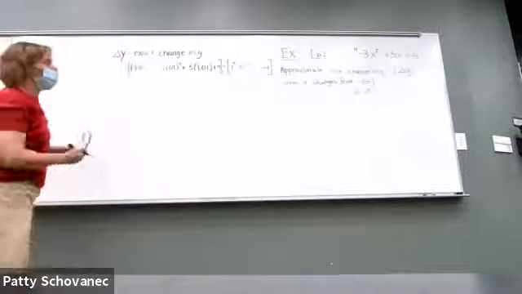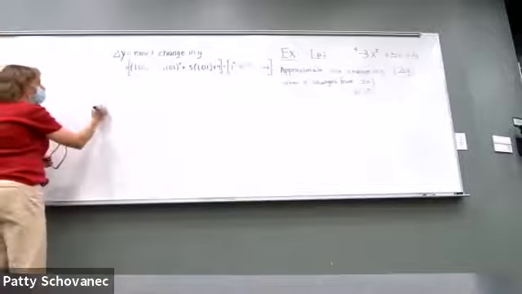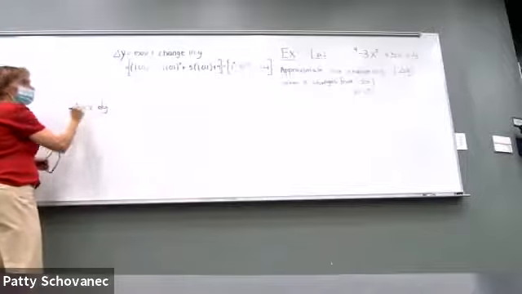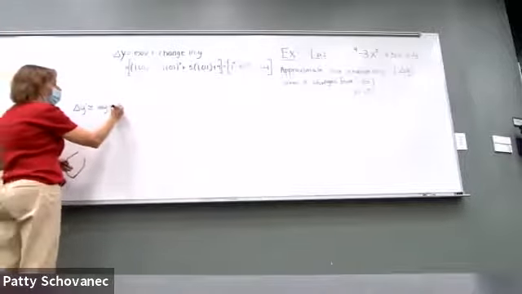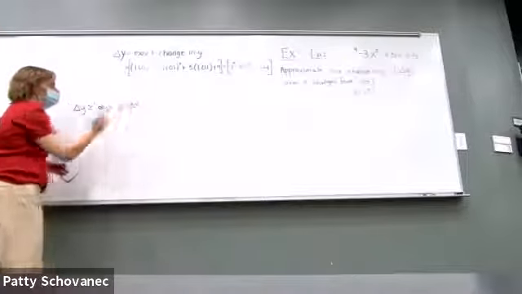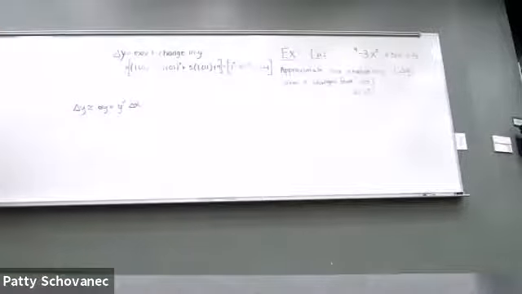Let's use dy. dy is our approximation for delta y, where dy is going to be the derivative of y times the change in x. The derivative of y at the nice point. So we're going to use the 1. The derivative of y is just 4x cubed minus 6x plus 5.